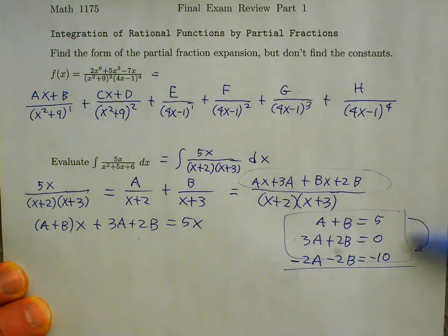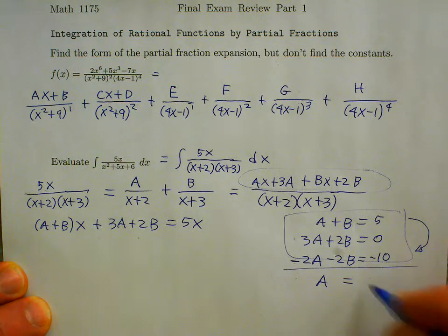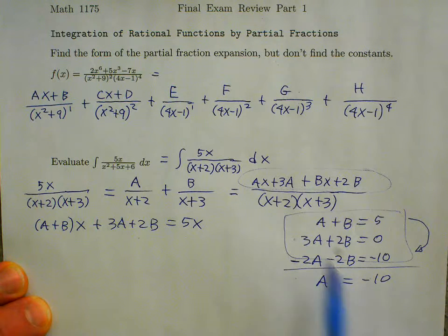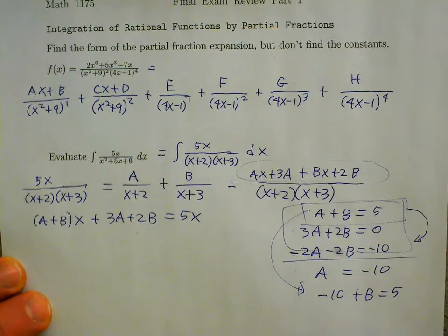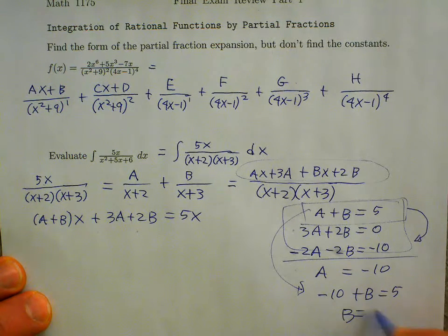And then when we add those equations together, the b will be eliminated. 3a plus -2a is a. 0 plus -10 is -10. Okay, so the value of a is -10. And then to find b, we can use any one of those equations. Let's go ahead and use the top equation. Replace a with -10: -10 plus b equals 5. Then add 10 to both sides, we get b equals 15.